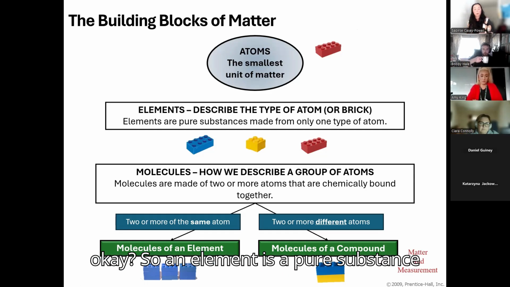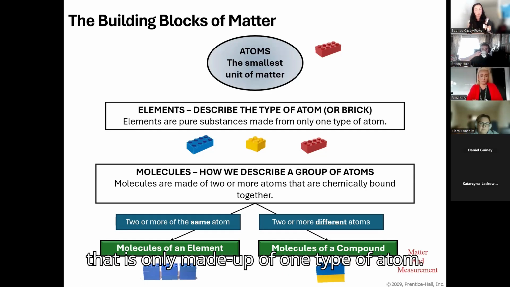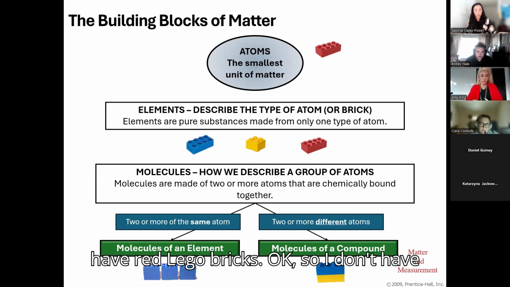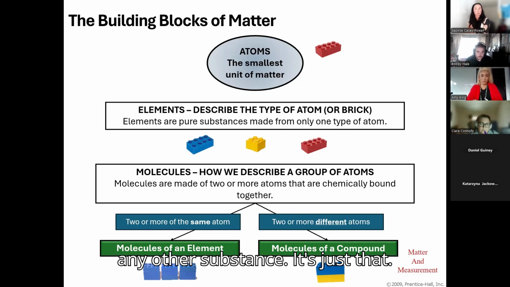An element is a pure substance made up of only one type of atom. It doesn't contain anything else. If I took that red Lego brick and split it in half, I'd only have red Lego bricks. I don't have any other substance.